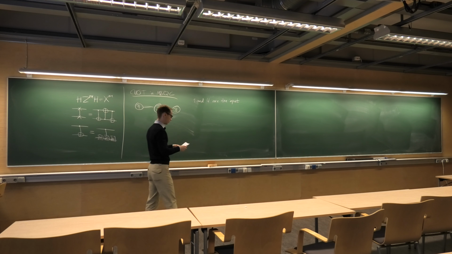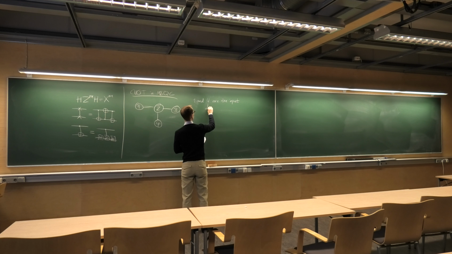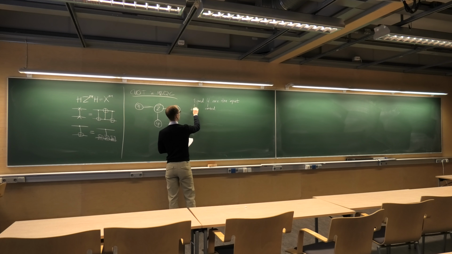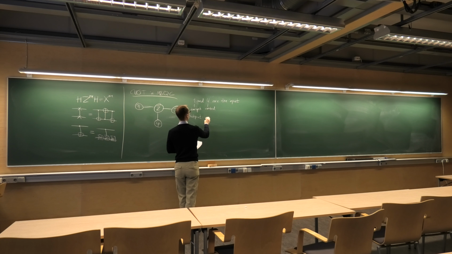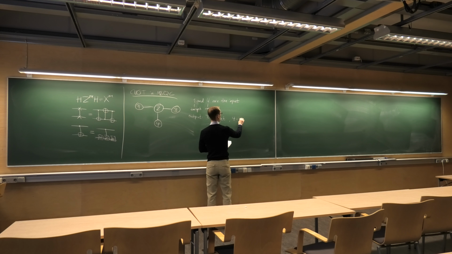And then, so this is 4 is the control and 1 is the target. And then the output will be, the target is number 3 and 4 is still the control.